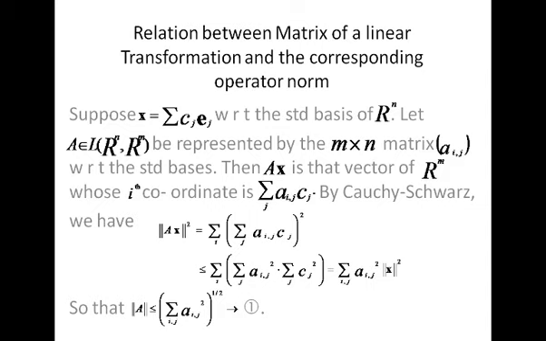And suppose we have two linear transformations A and B, and suppose their matrices are matrix Aij and matrix Bij respectively.